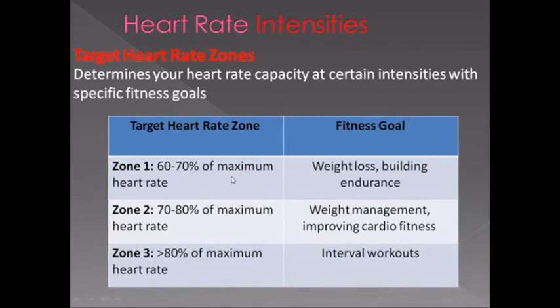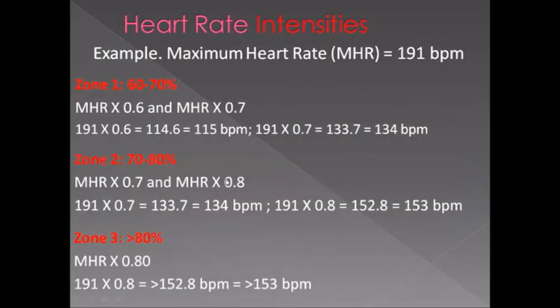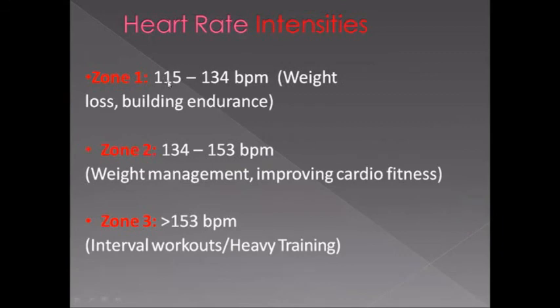And in our example, the maximum heart rate is 191. So you're going to get the 60 to 70% of 191. So it is equivalent to 115 to 134. Then in zone 2, 134 to 153, again, it depends on your fitness goal.